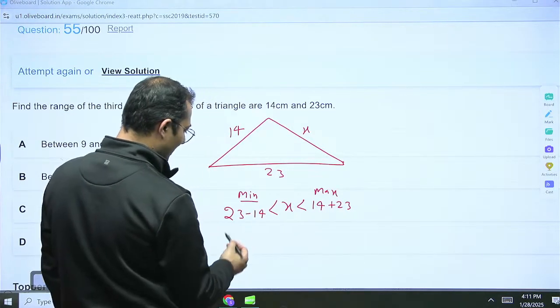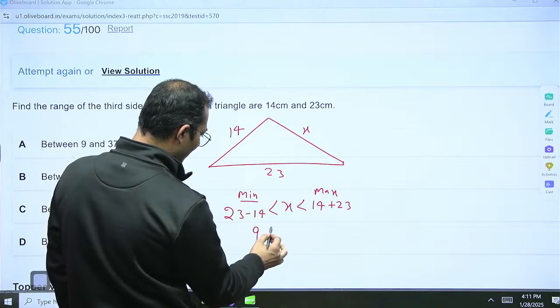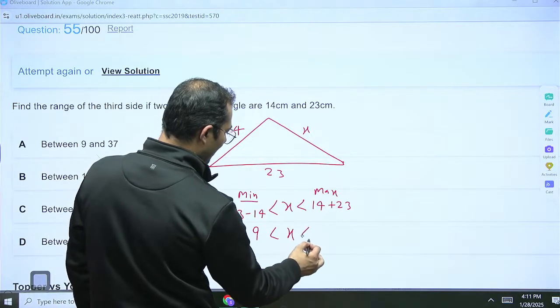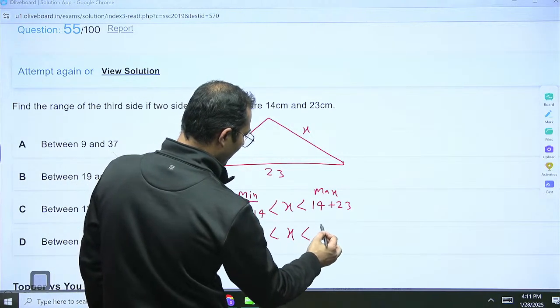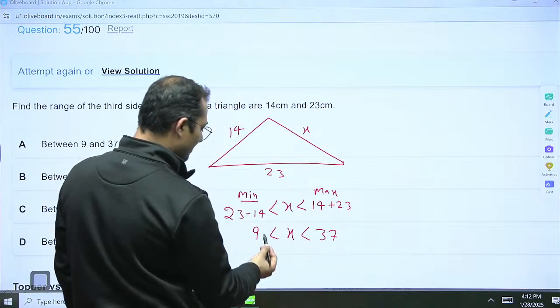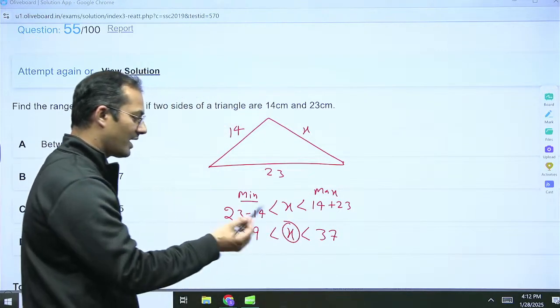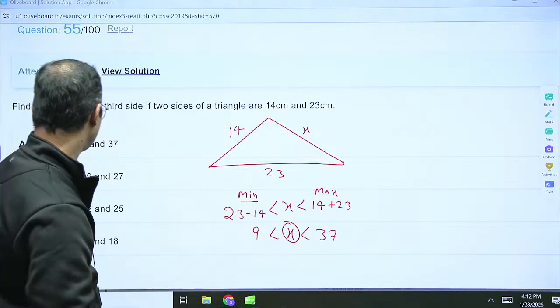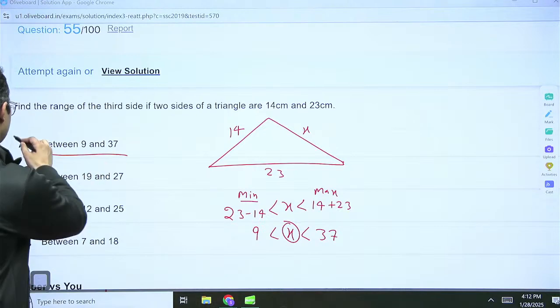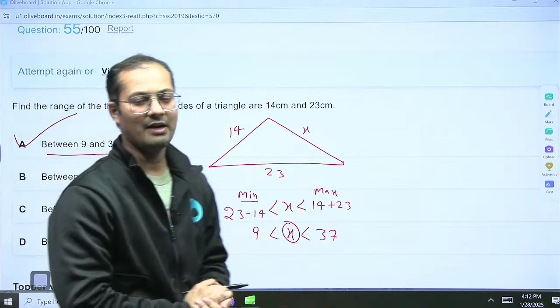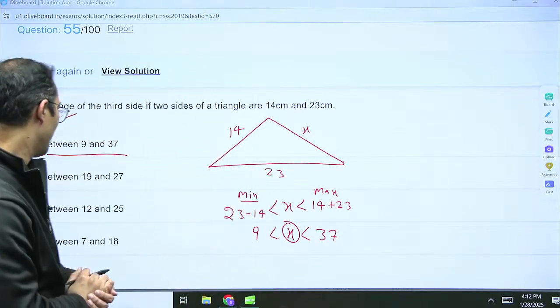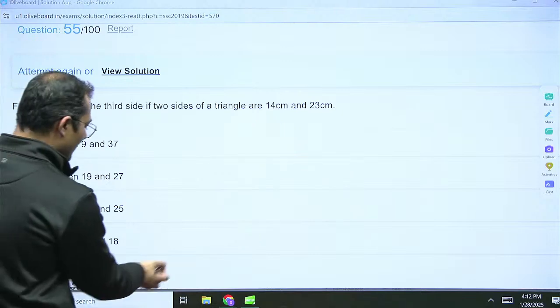So 9 must be less than x and x must be less than 37. So the value of x must be between 9 and 37. A is the right answer. I hope this is very much clear to you all.